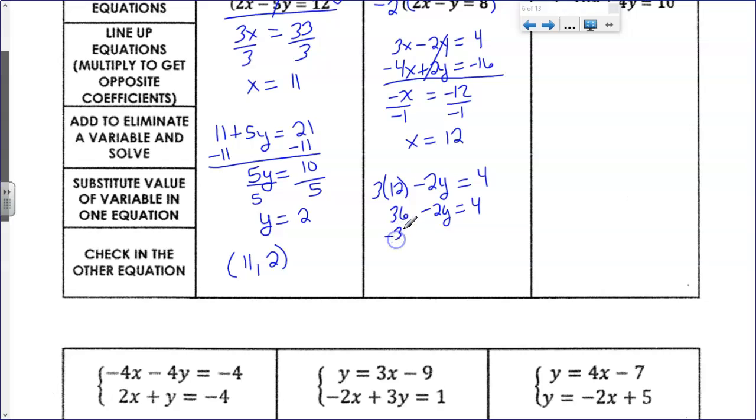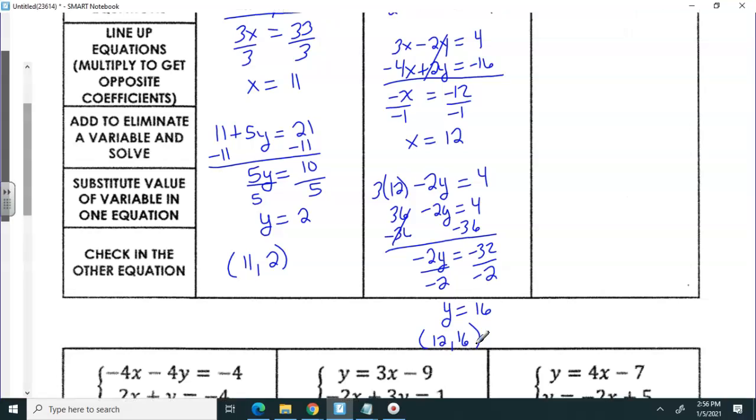So then I'm going to subtract 36 from both sides. I get negative 2y equals negative 32. Divide by negative 2. So y equals positive 16. So my answer here is an ordered pair, (12, 16).